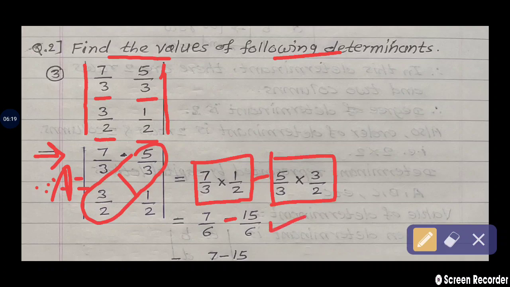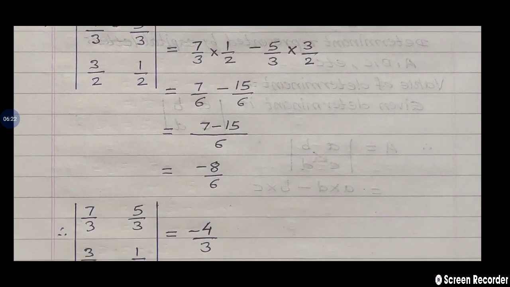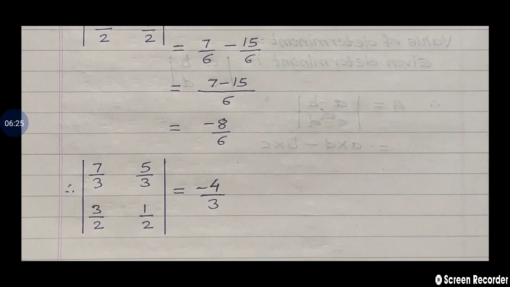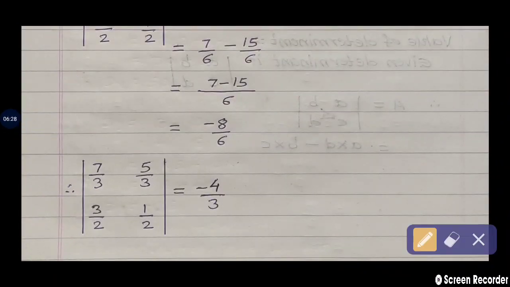Are you getting it? The denominator is the same, so we write it only one time. 6 is written a single time as the common denominator. What is the number present in the numerator? 7 minus 15, which means minus 8, divided by 6. Now 8 and 6, both numbers are divisible by what? 2. So divide both by 2. 8 divided by 2 means 4, minus sign as it is, and 6 divided by 2 means 3.